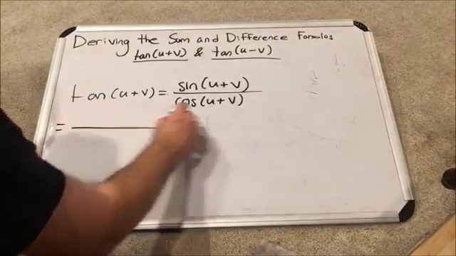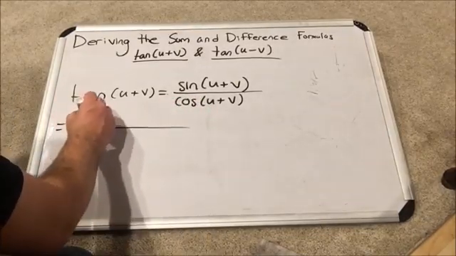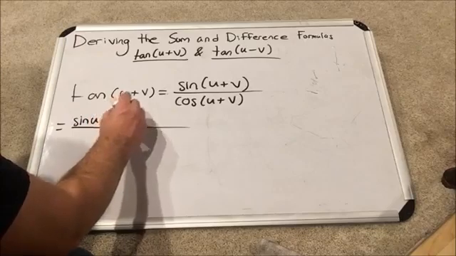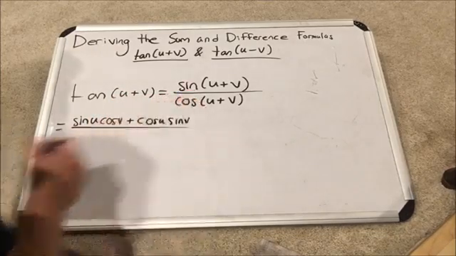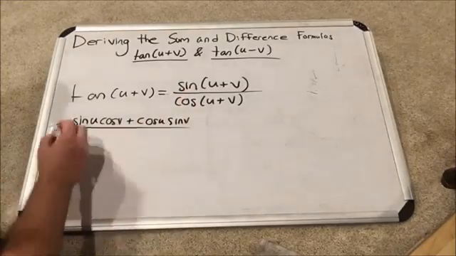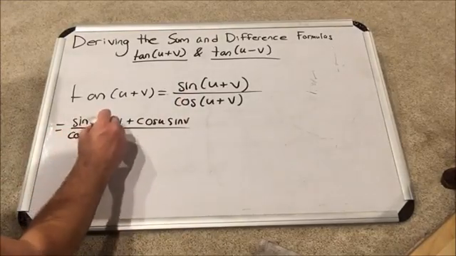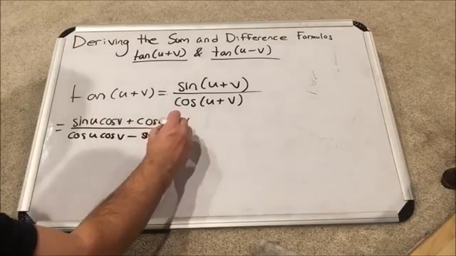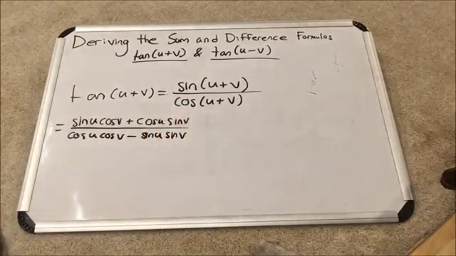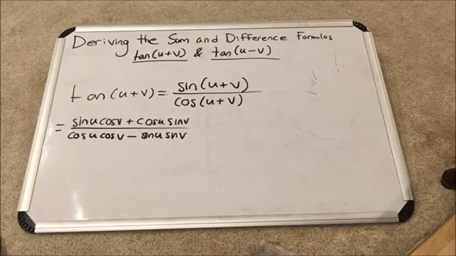So this is equal to sine u cosine v plus cosine u sine v. That's what's going on top. On bottom, I have cosine u cosine v minus sine u sine v. Okay, and these are those 2 formulas written out.